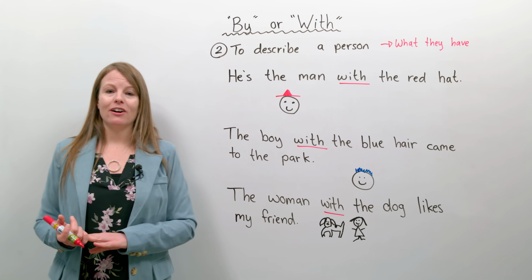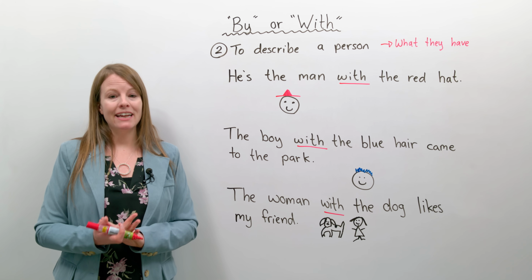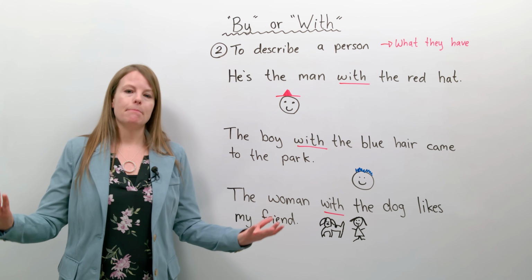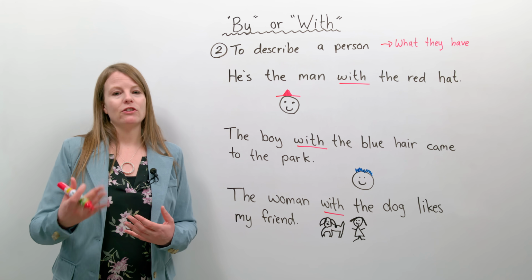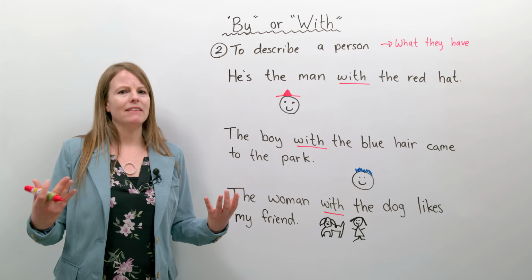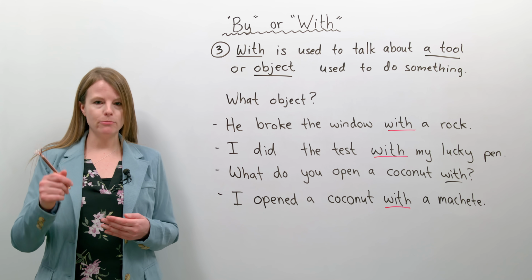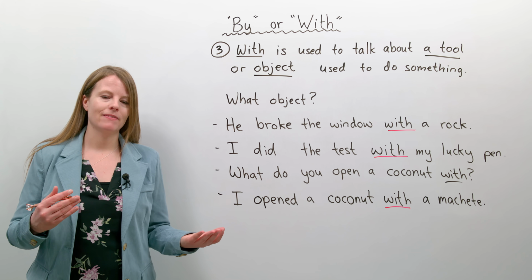The woman with the dog likes my friend. So again, we can use with when we're describing people and we're describing something interesting about them or something they possess or have.